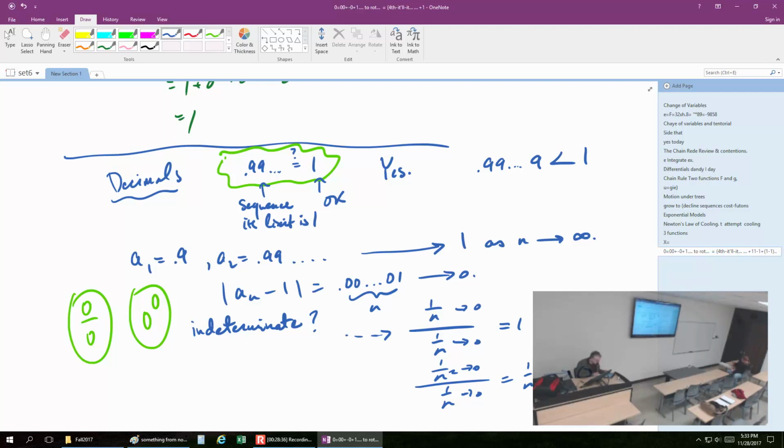Okay. Algebraic properties of limits are usually not a problem. Sequences can be combined together through addition, subtraction, multiplication, division. So that's pretty much it, and that usually doesn't cause a lot of problems.